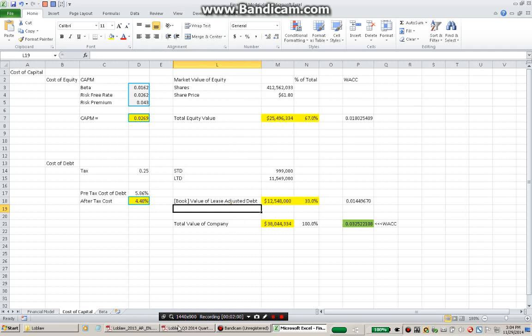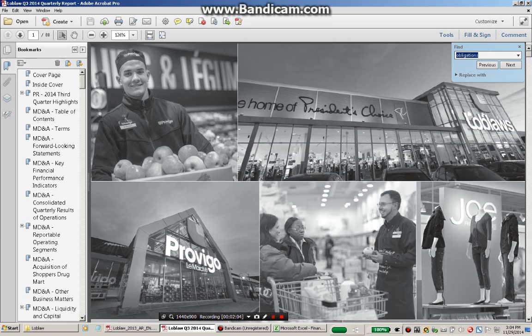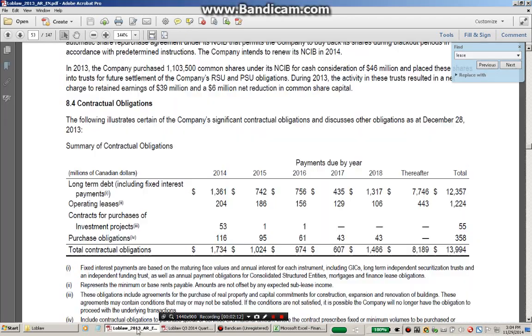So I went to their quarterly statements, and they had no reference to leases or obligations in great detail. And in their annual report, they have a whole section on contractual obligations. And so they've included their long-term debt. Here's the operating leases.